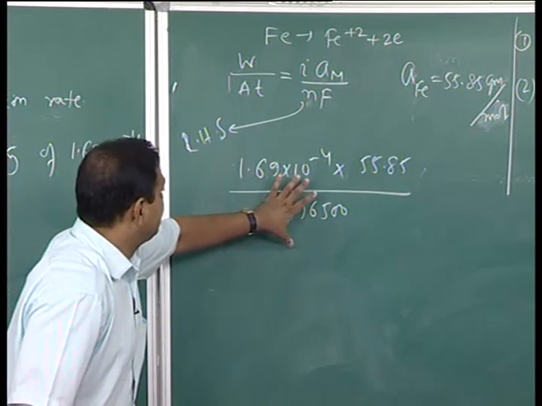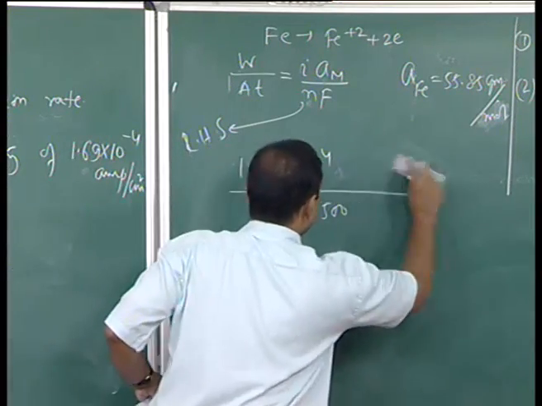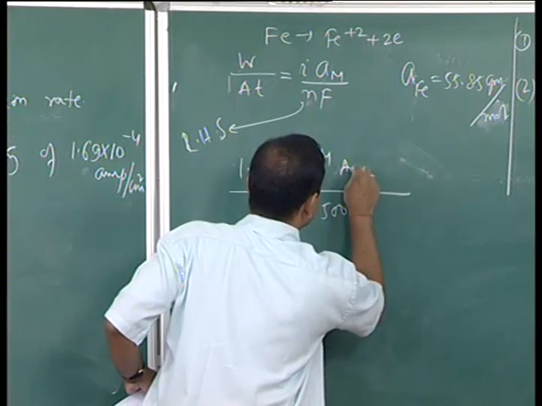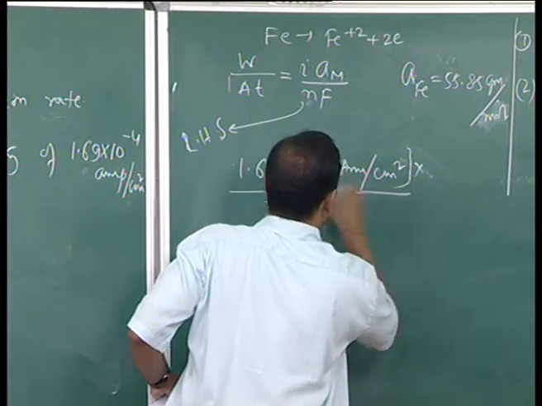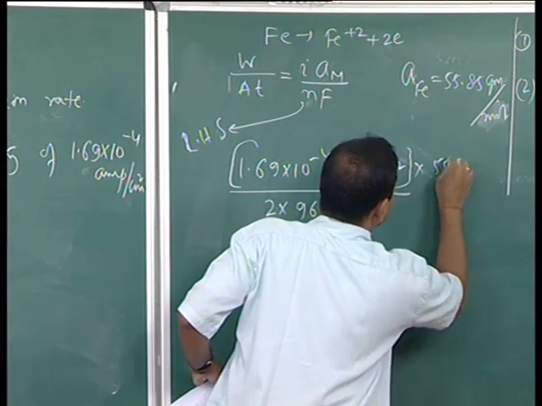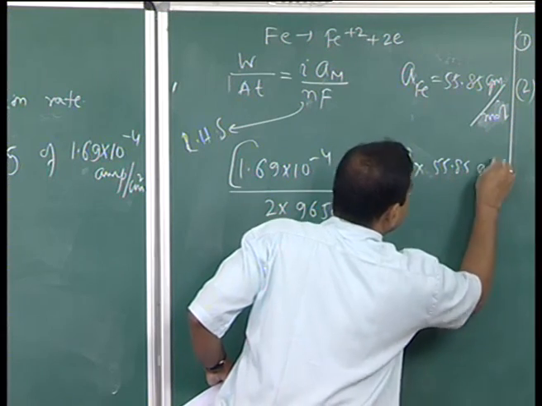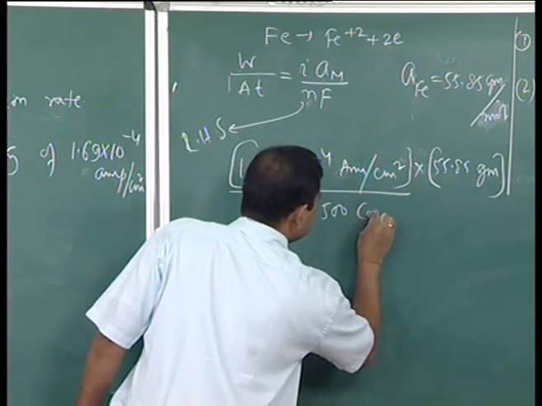Now, let me put it in the form of units: this is ampere per centimeter square into 55.85 gram, and this is coulomb.